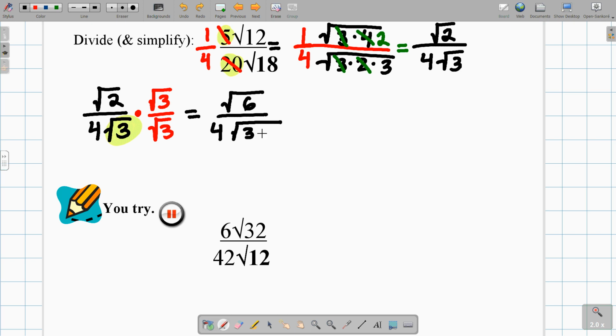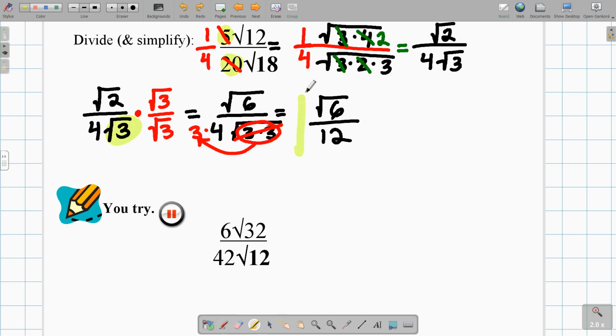Okay, students, welcome back. You should have a red pen in order, ready to go. Okay, step 1, we're going to deal with our outies. So we know 6 goes into 42 right off the bat. So I end up with 1 over 7. Prime factor that 32. I know that's 4 times 8.